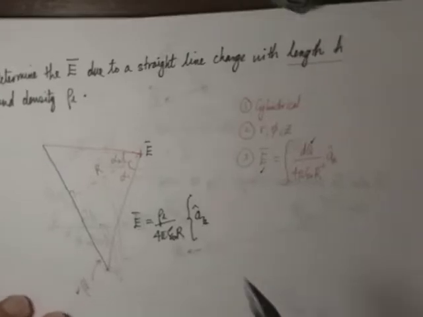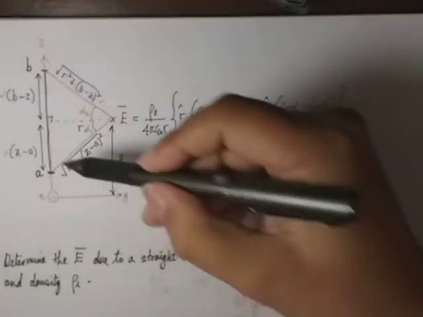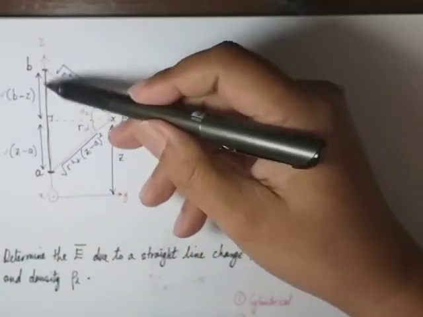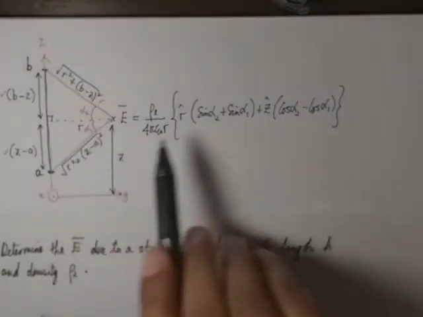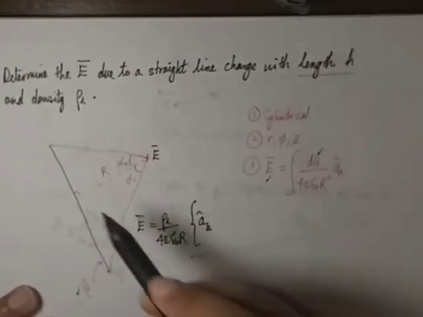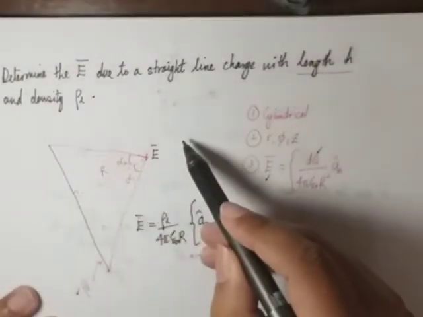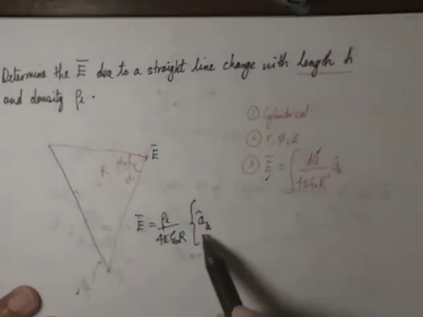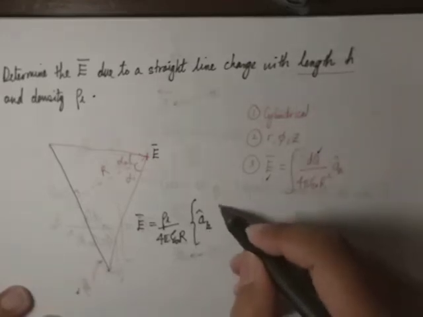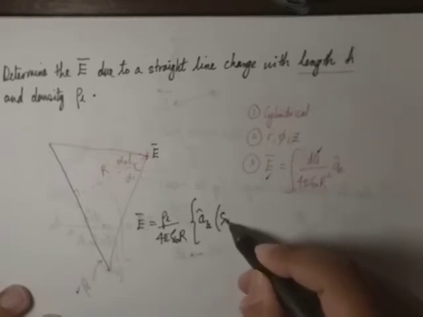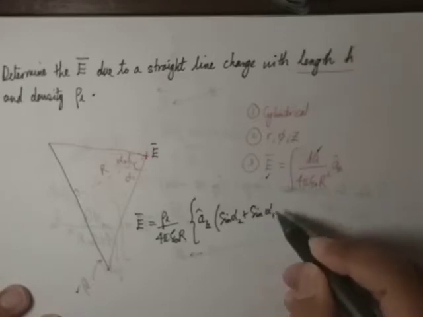Instead of the R that we defined before, which is valid for cylindrical cases where we purposely place the line charge along the z-axis, and the direction obeys the r component of the cylindrical coordinate, we now know this direction must follow this path, and this path always makes 90 degrees to the line charge. So I'm going to call it the unit vector normal to the line charge. Apart from that, everything remains the same: sine alpha 2 plus sine alpha 1. So that's done.